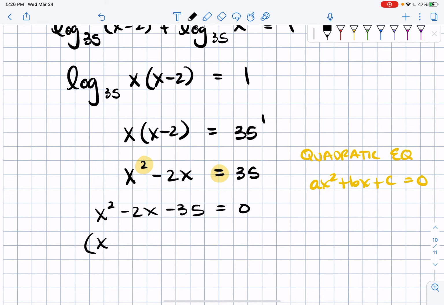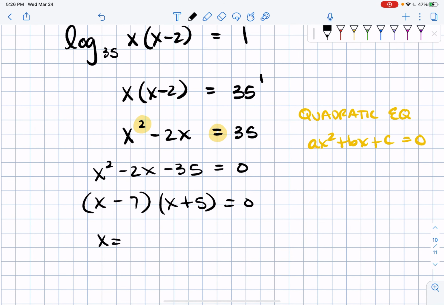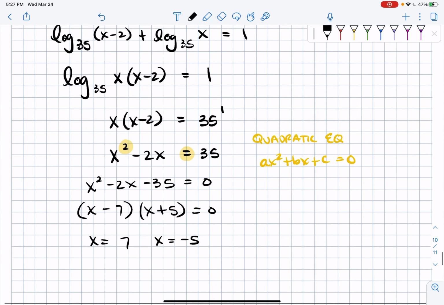So I'm going to have x minus 7, x plus 5 is equal to 0. So I have x equals 7 and x equals negative 5. Question is, can I use either one? Can I use both, or can I only use one or the other?